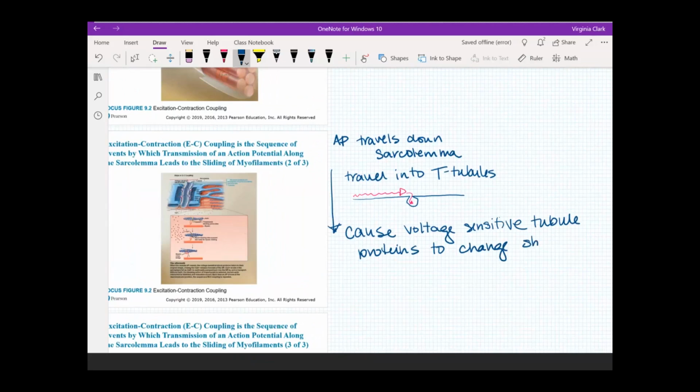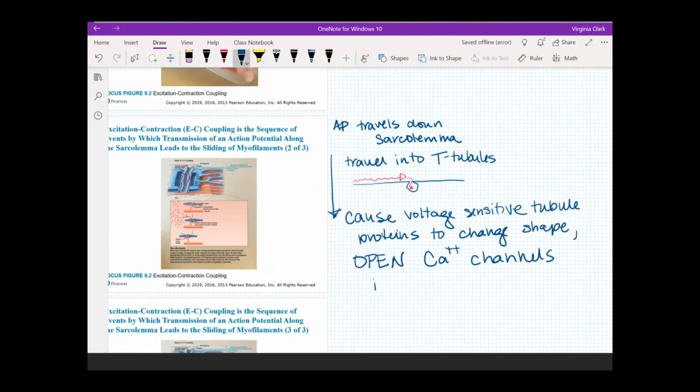And when these proteins change shape, they will open calcium channels. When they open calcium channels, they will open these in the terminal cistern of the sarcoplasmic reticulum. So to stop right here, remember on either side was our terminal cisterns of our sarcoplasmic reticulum.